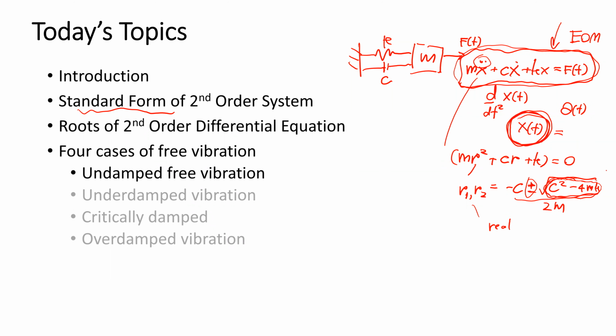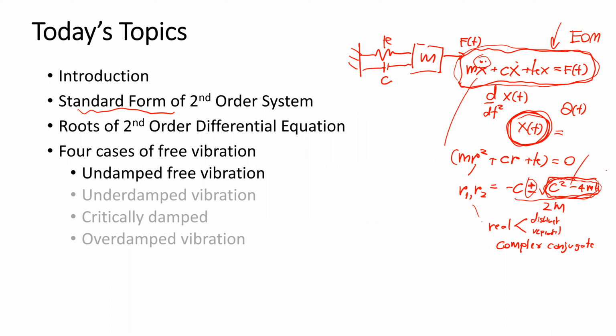If the value inside the square root becomes negative, we're going to have a complex conjugate. So the roots can be real distinct, or repeated, or complex conjugate, depending on the value in the square root.